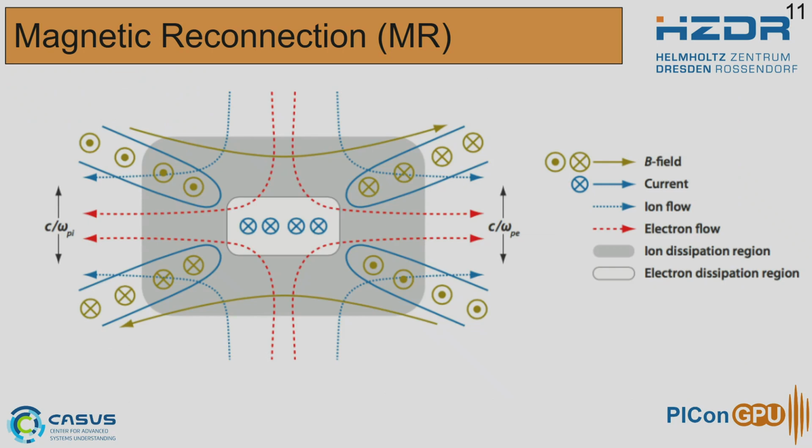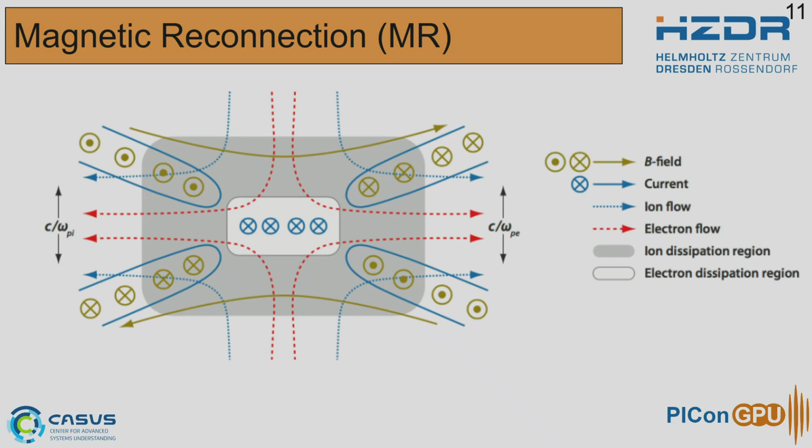So what happens during that time? You have a lot of blue and red lines. Let's first focus on the blue dotted and the red dotted lines. The blue dotted lines are the electrons, and the red dotted lines are the ions. I said that these magnetic field lines merge together. And by merging together, because the plasma circulates around these magnetic field lines, it will be pushed into the middle.